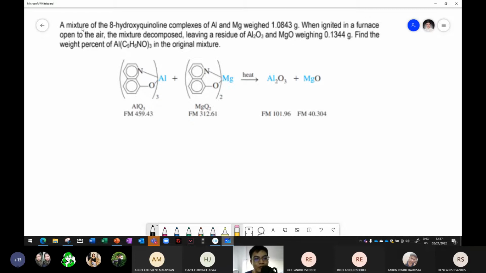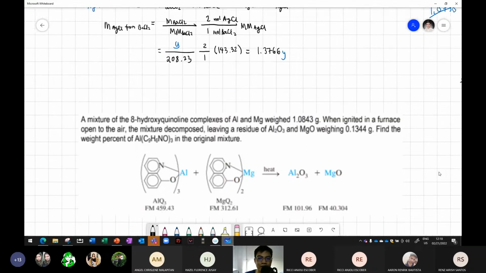Find the percent weight of aluminum quinoline in the original mixture. Ano nangyari? Basically, you have your aluminum and magnesium quinoline complex. Yan yun, AlQ3. And then, after heating, they were decomposed to their oxide form. Parang ito lang din yun.